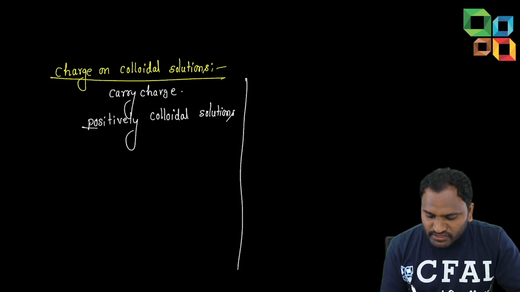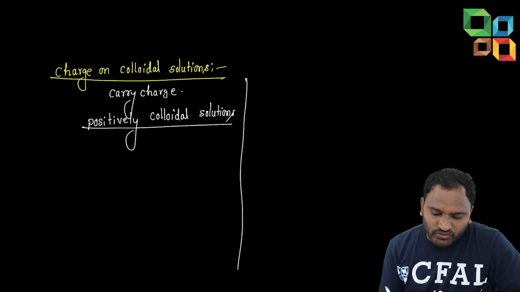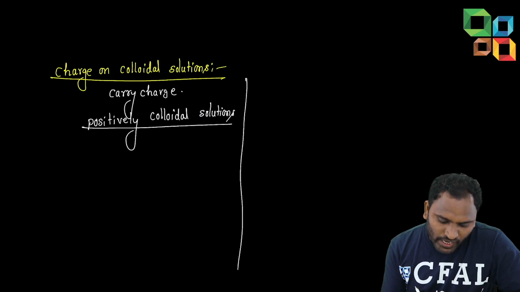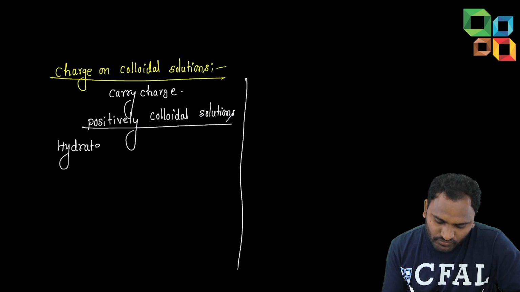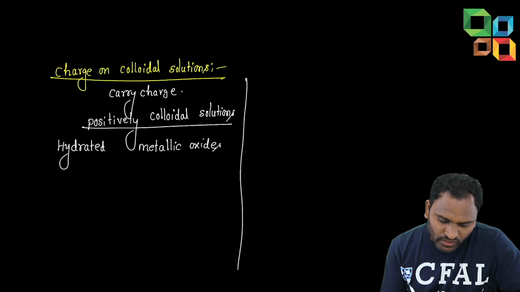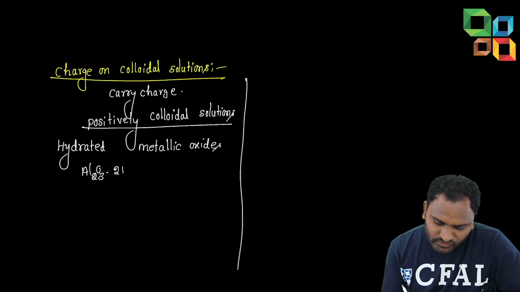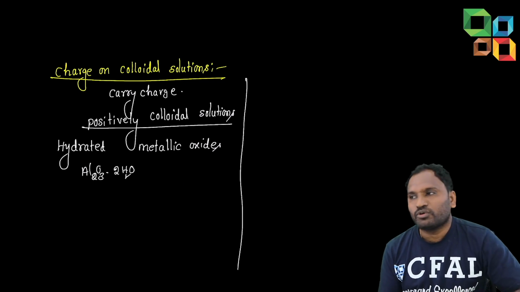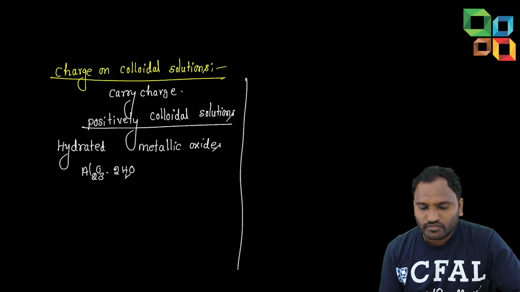Here are examples of positively charged colloidal solutions: hydrated metallic oxides. Examples: aluminum oxide, Al2O3, which is a hydrated one, is a positively charged colloidal solution.